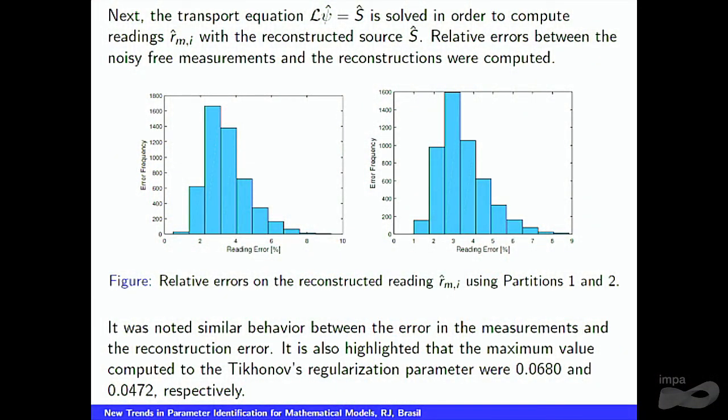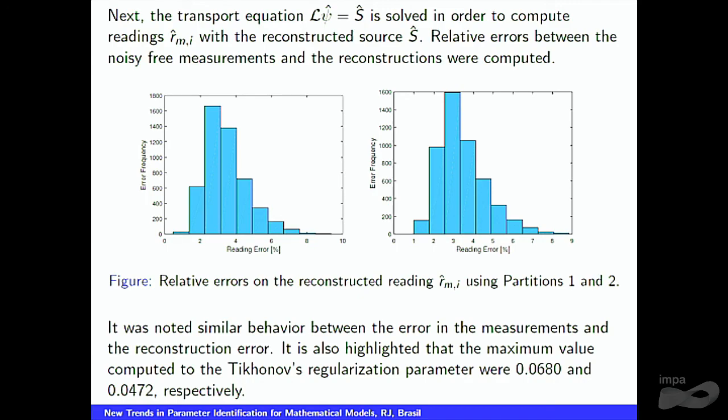But we also try to evaluate the relative errors between the exact readings and the ones that we obtain when we use the reconstructed source to solve the forward problem.